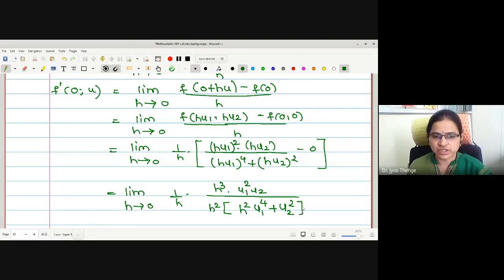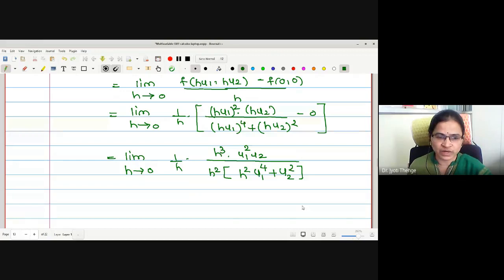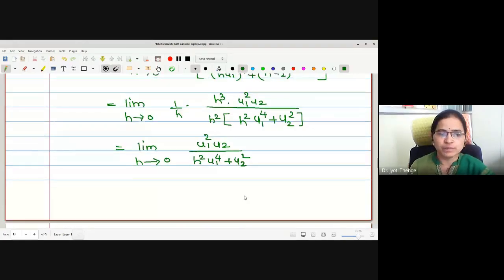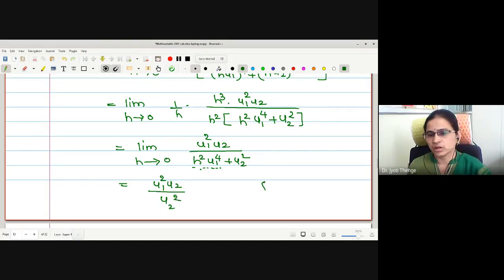Now the h cube upon the denominator h square cancels and we remain with limit h tends to 0 of u1 square u2 upon h square u1 raised to 4 plus u2 square. Putting limit h tends to 0, this term becomes 0 and we are left with u1 square upon u2 square. Now we know u1 is not equal to 0, u2 is not equal to 0.